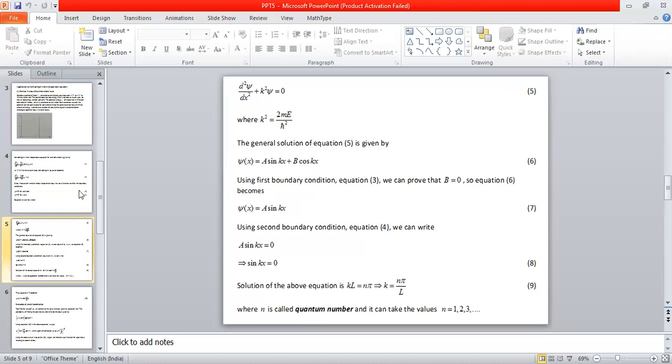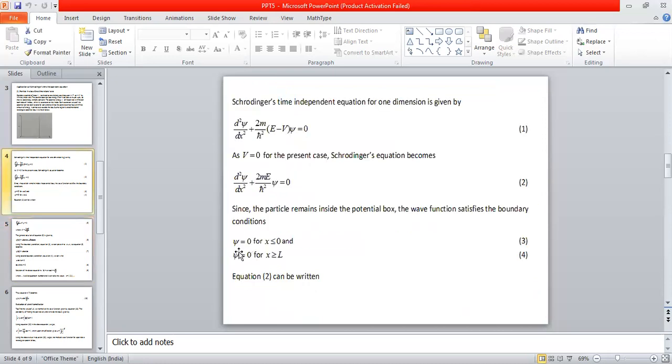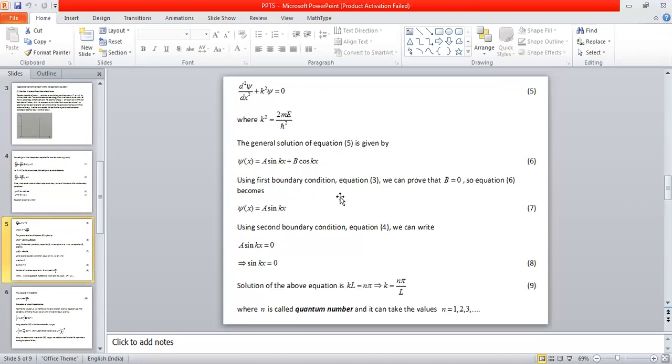Now we are going to use the boundary conditions. The first boundary condition is psi is equal to 0 for x less than or equal to 0. I am going to use psi is equal to 0 at x is equal to 0. If we use that boundary condition, equation 3, we get b is equal to 0.